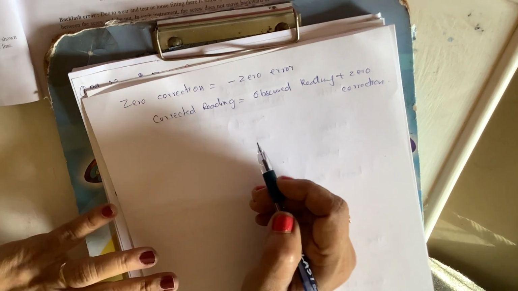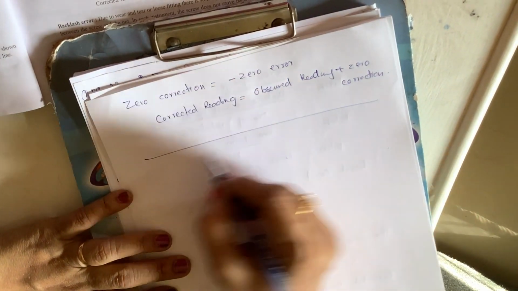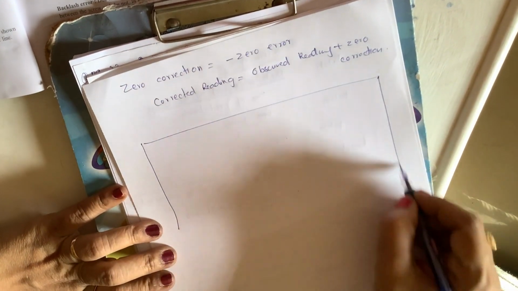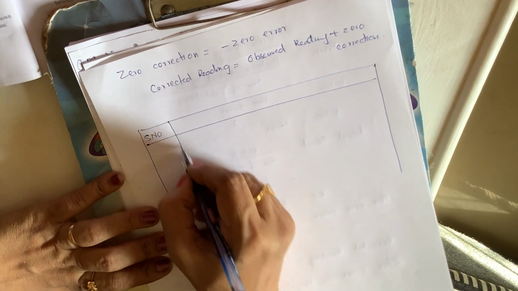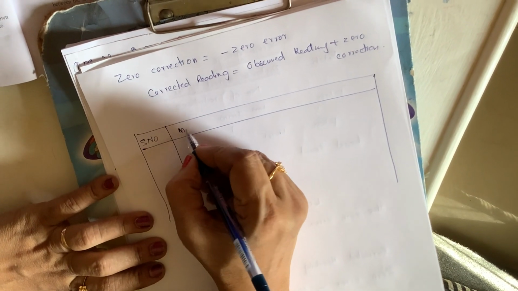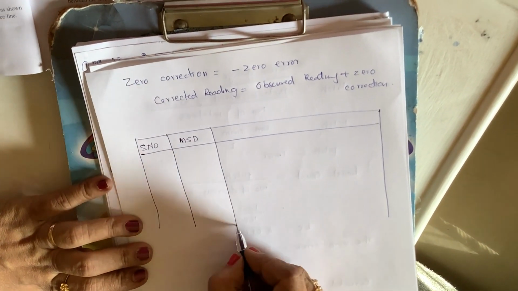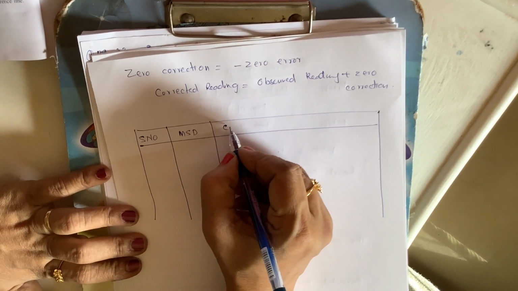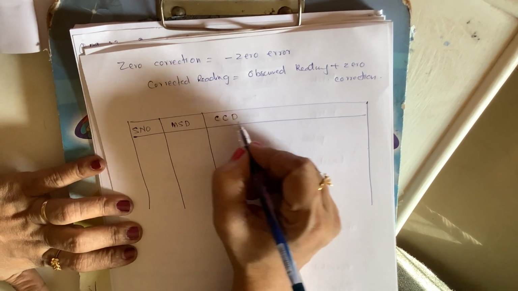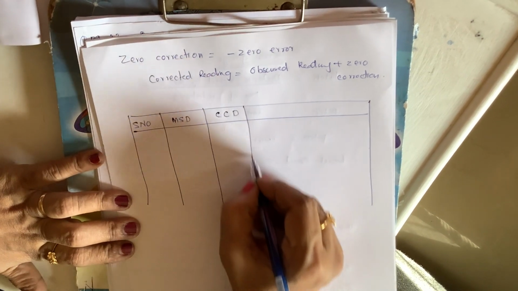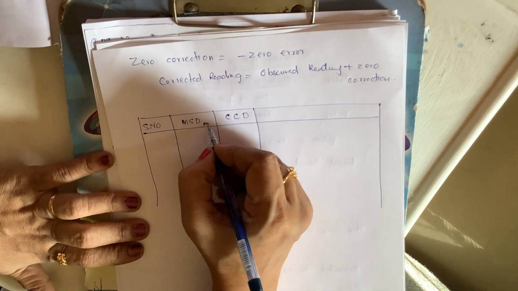Okay. So now to measure, first you have to make the tabular column. As usual, I am making a rough tabular column. You have to make the main one, serial number and main scale division. Then you can have circular scale division, that is coinciding circular scale division. So I made CCD. Then this is in millimeters.